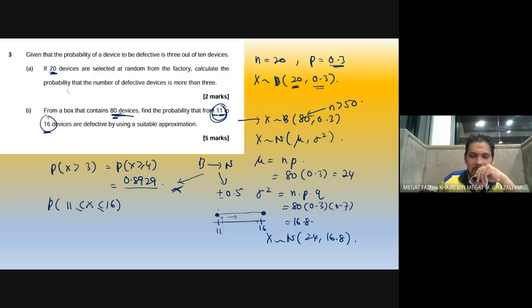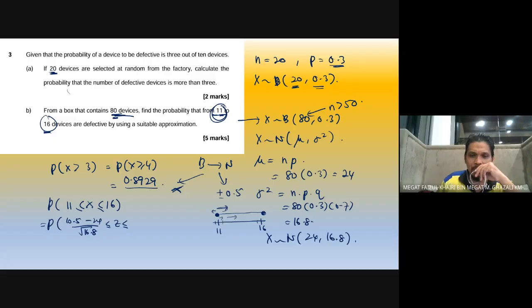So once you start moving in this direction, we take the 0.5 step behind. So it begins with the probability of Z from 10.5 minus the mean, which is 24, divided by the square root of 16.8.